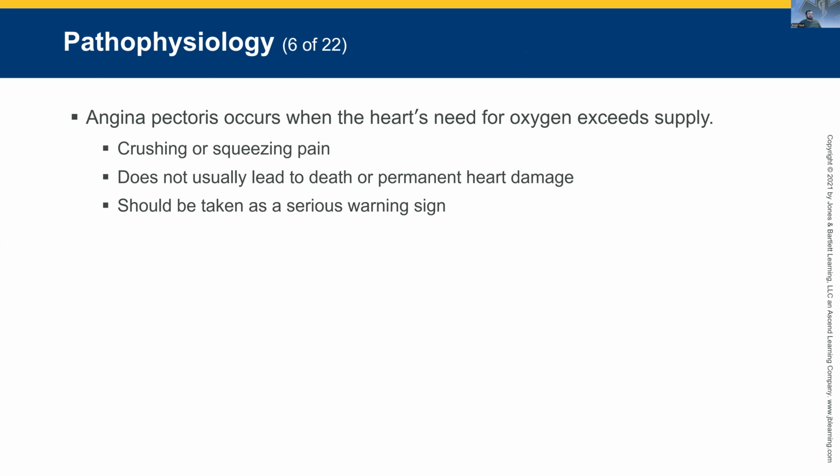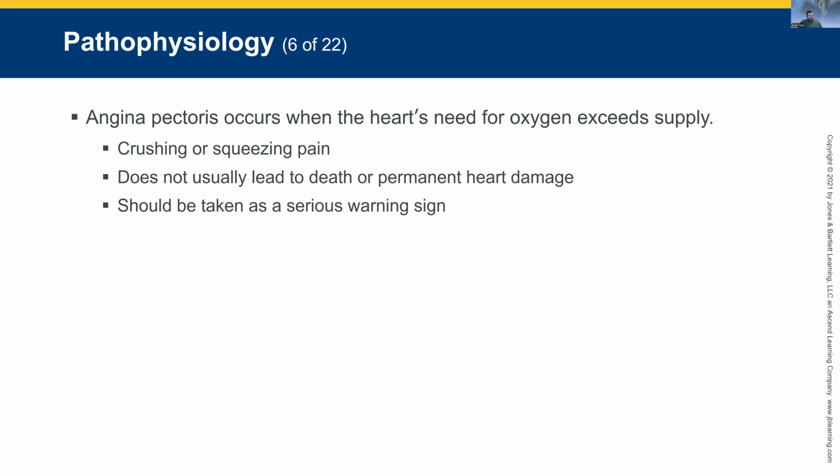Crushing or squeezing pain does not usually lead to death or permanent heart damage, but should be taken as a serious warning sign. The reason it doesn't always lead to death or permanent heart damage is that there is stable and unstable angina. Angina is chest pain. That's what that stands for.